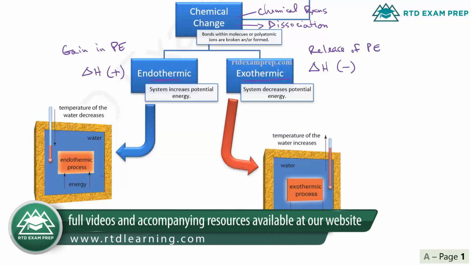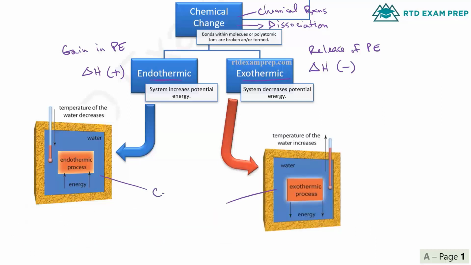Now what we have is these diagrams over here and here. These are examples of what we refer to as calorimetry experiments. Let's take a look over here on the exothermic side. We have ourselves a chemical system, and in this particular scenario, this is an exothermic process, and what's happening is that the chemical system is releasing potential energy into the surroundings.